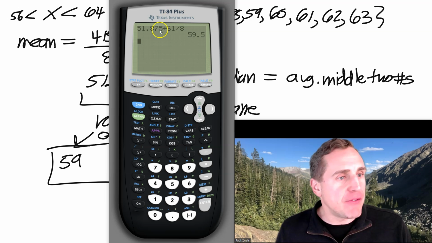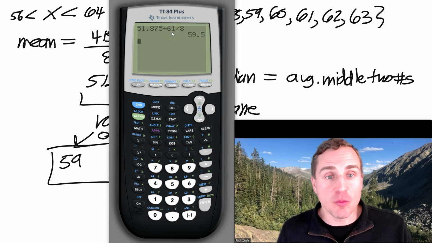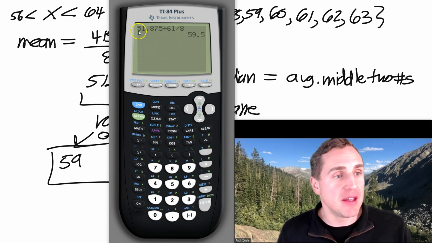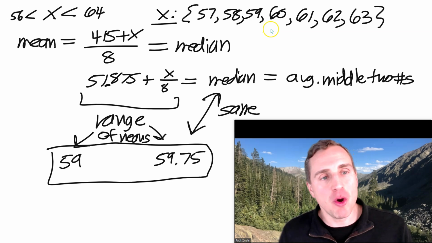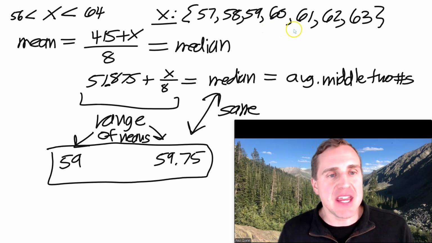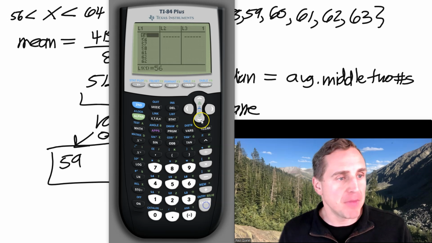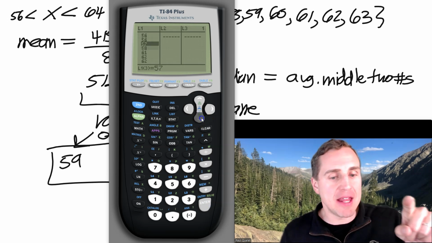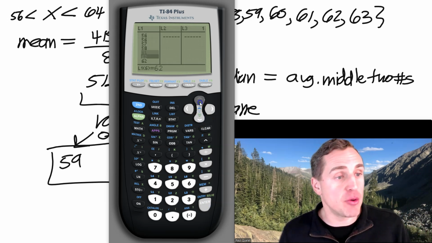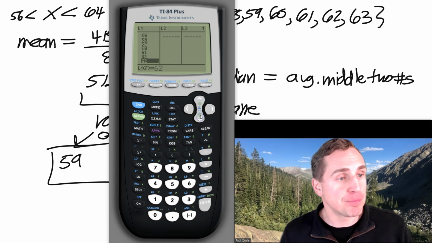If you look at 61, which is the x value that we're missing, 51.875 plus 61 over 8 is 59.5. Now if I put 61 in the data set, so what I did is I went to stat and I went to edit, and then I typed in the whole data set, and notice 61 is now in there.